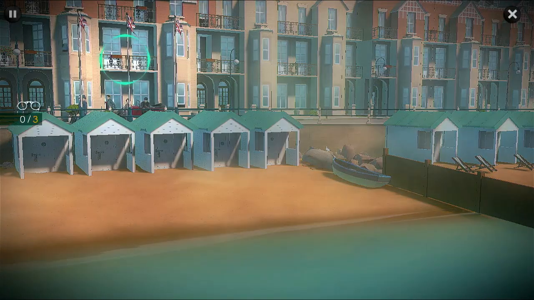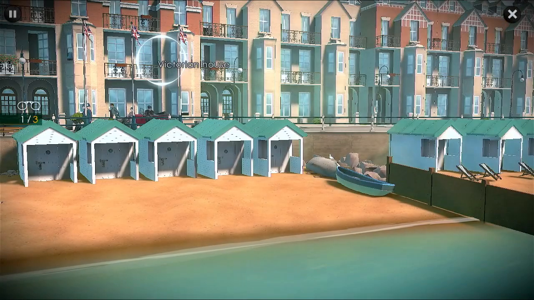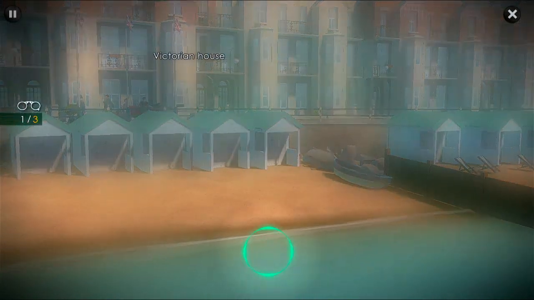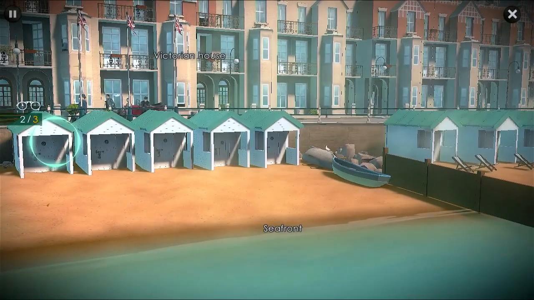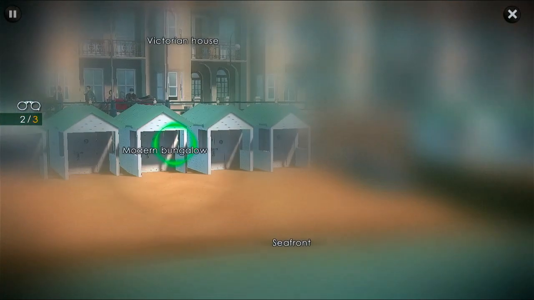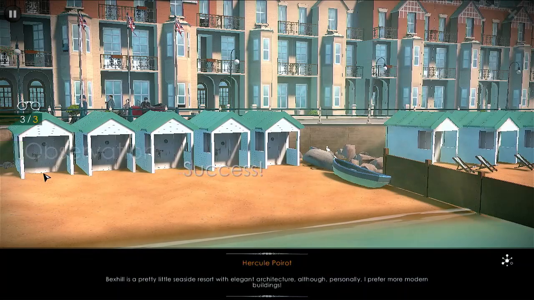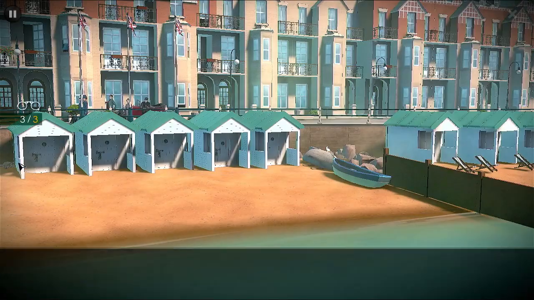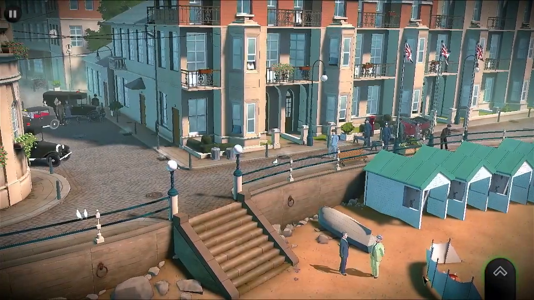Okay, so we have some Victorian houses, the seafront, and then these guys. Bexhill is a pretty little seaside resort with elegant architecture, although personally, I prefer more modern buildings. I like those ones, the Victorian ones. Okay, let's go back down.